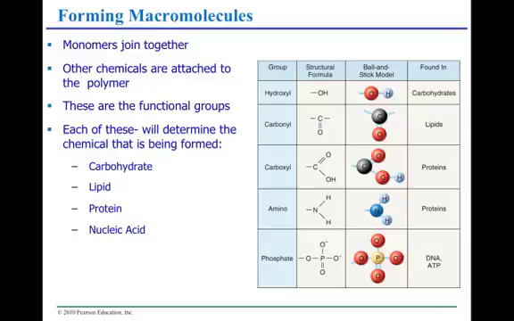And then the fourth column shows you where that functional group is found. Hydroxyls are found in carbohydrates. Carbonyl is found in lipids. Carboxyl in proteins, amino in proteins, and then the phosphate in DNA and ATP. These are pretty much the most common ones you're going to look at in this class.